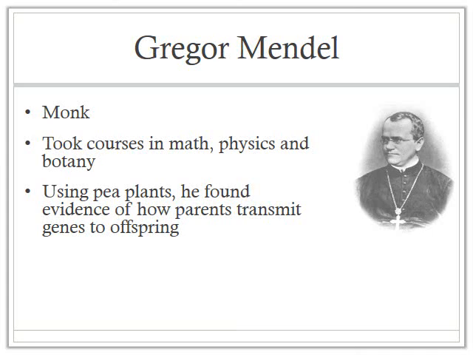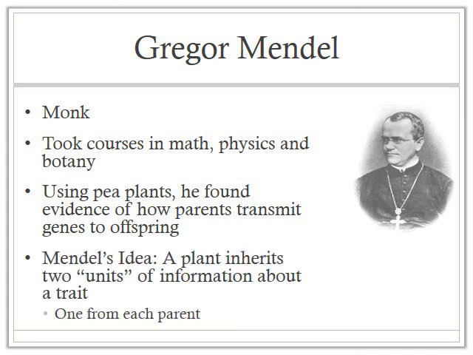And then these patterns came up with Mendelian genetics, which is kind of what we're going to be doing, looking at Punnett squares and things like that. Mendel's idea, a plant inherits 2 units of information about a trait, one from each parent.